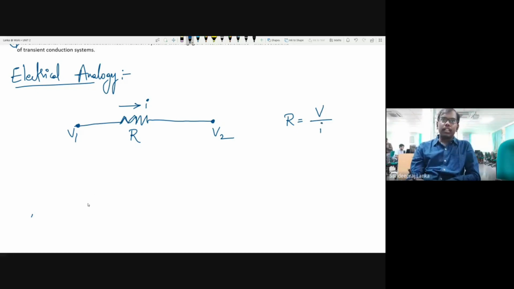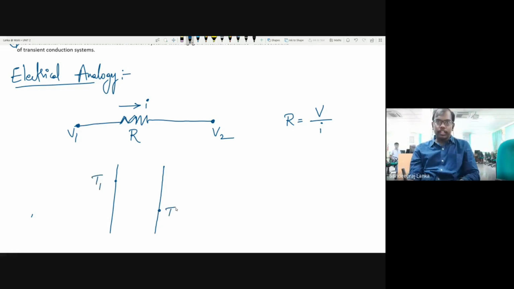And the same thing, I will take as an analogical heat transfer case, T1, T2. Here, heat is flowing.